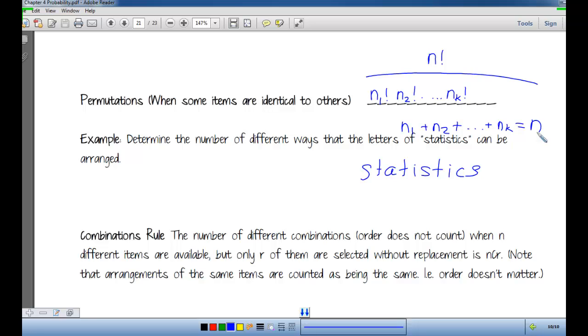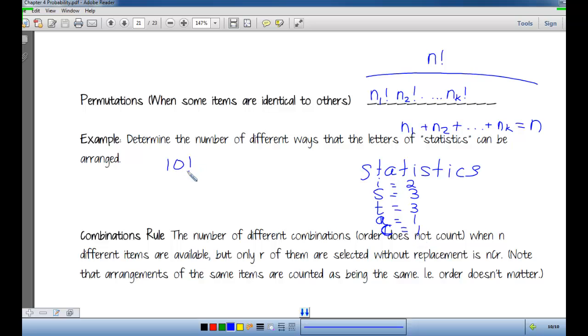Okay? So, if I want to know how many different ways the letters of statistics can be arranged, the first thing I need to do is figure out how many of each letter I have. I've got 3 S's, 3 T's, 1 A, 2 I's, and 1 C. When we count those, how many letters altogether?